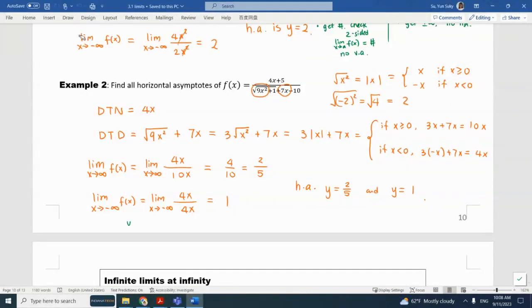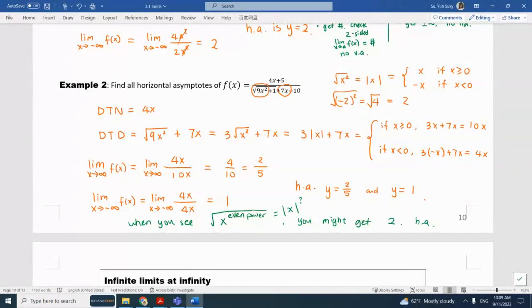Okay, so when you see square root of x to the even power, then you might get 2 horizontal asymptotes. Is that okay, everybody? Because x to the even power, when you take the square root, is the absolute value of x to some power.